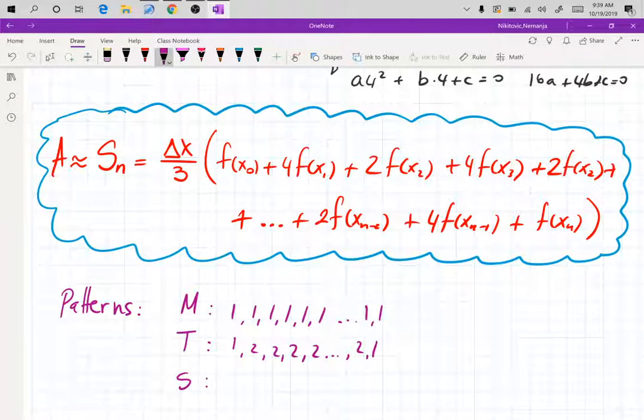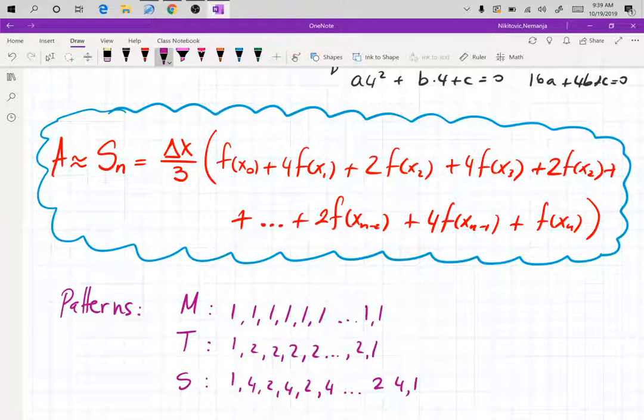And then I have the Simpson pattern, 1, 4, 2, 4, 2, 4, dot, dot, dot, 2, 4, 1. So these are your patterns for midpoint, trapezoid, and Simpson.